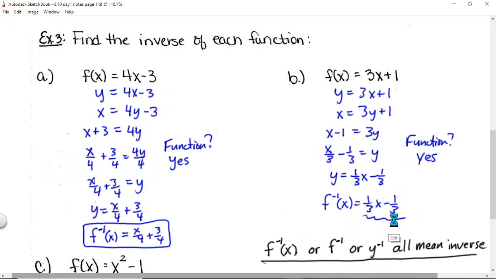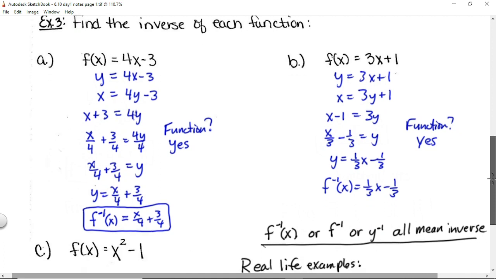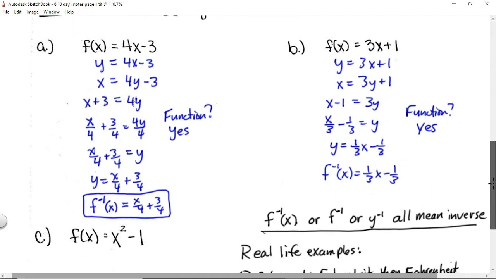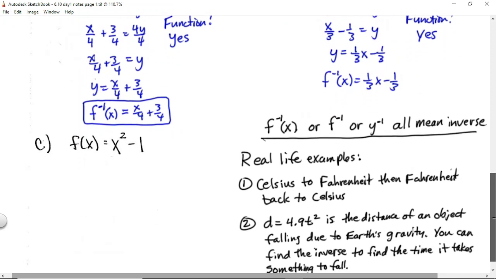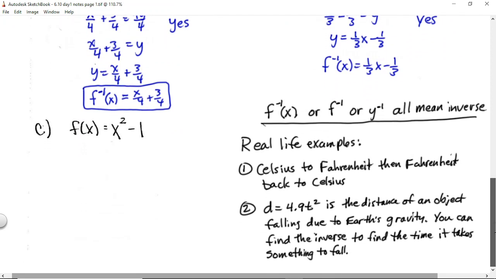You put in a number for x, you're going to get a value, but there's no way to get a different value with that same x. But we will always look at that and ask ourselves, is it a function? That's a common question to ask for these. Okay, so we have one more on this page, then we're going to bring up another page.